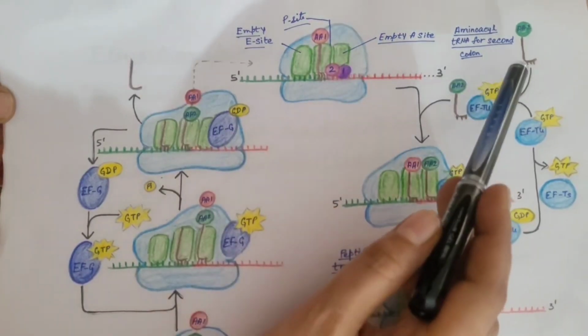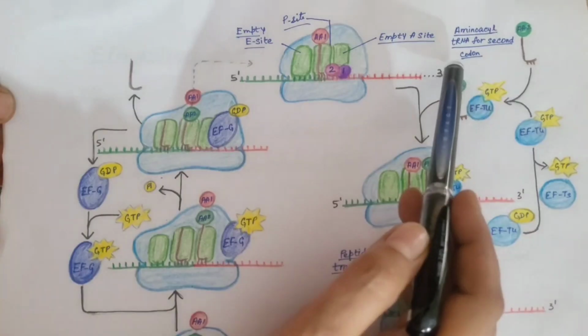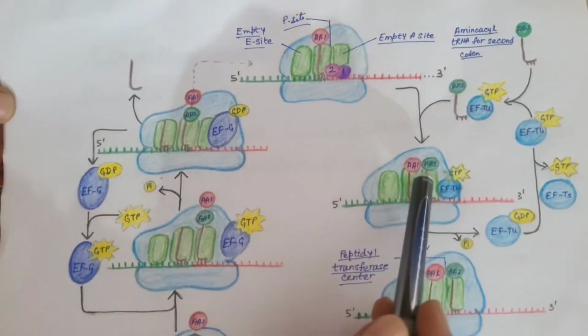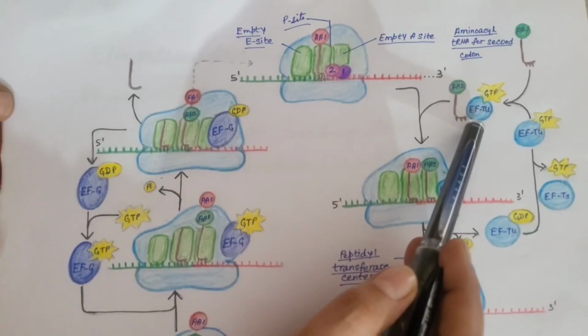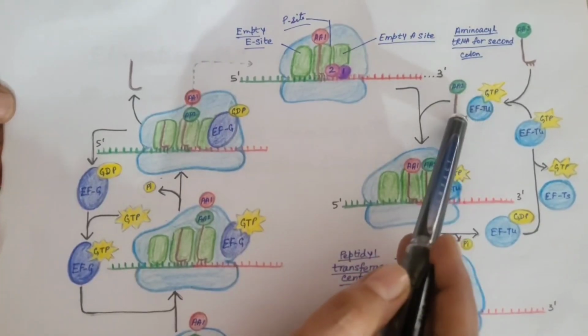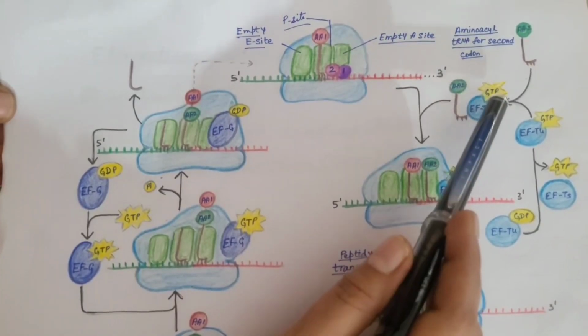So the aminoacyl transfer RNA for the second codon comes and binds to this A site, and this is escorted by EFTU GTP, elongation factor thermo unstable.